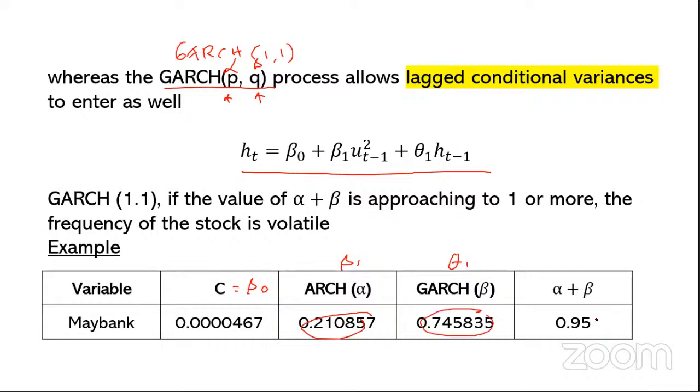The result is 0.95, showing that the frequency of volatility is high, approaching 1 or more. But usually it is approaching 0.99 or 0.97. Mostly the data is like this. So you have to check the result first. I know it's still a bit blurry or confusing for you because you haven't seen the regression yet. So we will show it later.